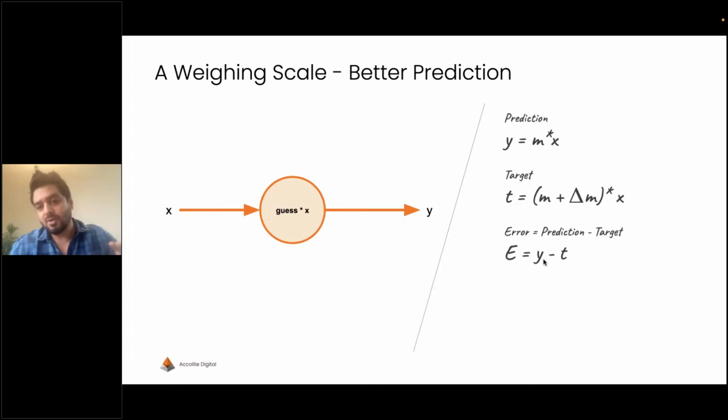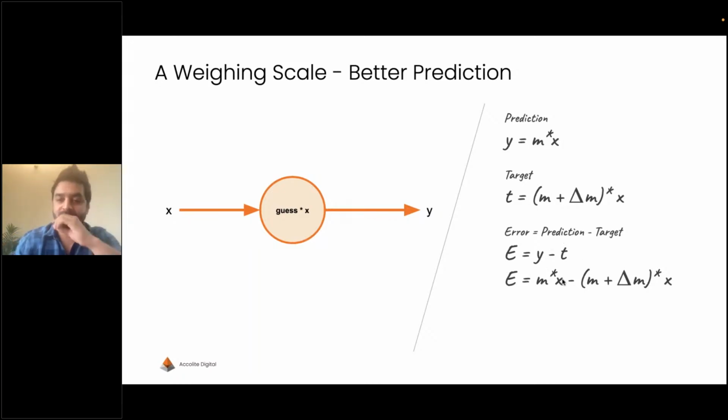So error is equal to your prediction minus target. The equation for prediction was y here, and target was t. So error is equal to y minus t. If we expand this equation, there's nothing complex going on here. We're just replacing these values with whatever y and t mean. We get this equation, and if we do the expansion, some of the terms cancel out, and eventually you end up with minus delta m multiplied by x.